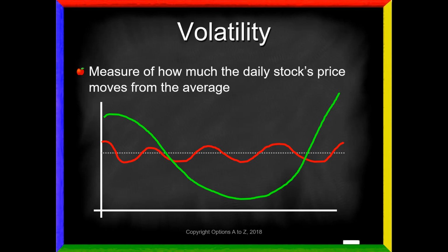For those of you who have had statistics, the volatility number is a standard deviation. But for our purposes, the only thing you need to understand is that your broker's platform is going to show you a volatility number. And it will always be expressed as a percentage, 20%, 27%, things like that. And the second point is that that number is always assumed to be over the course of a year.